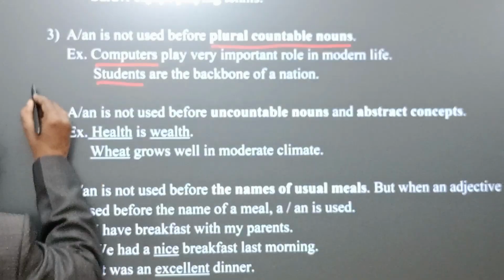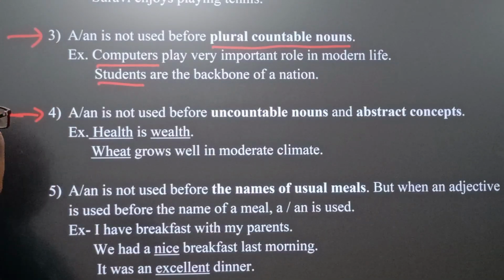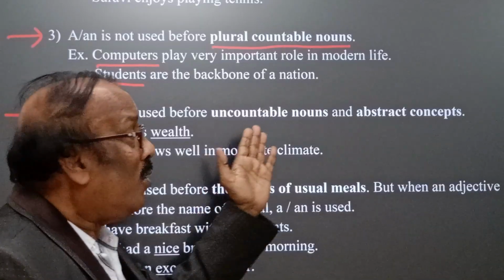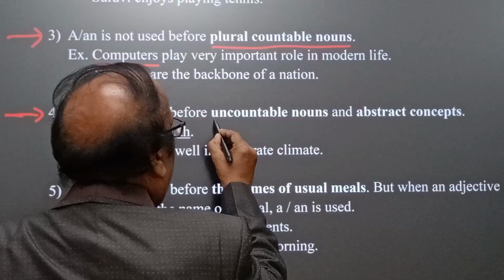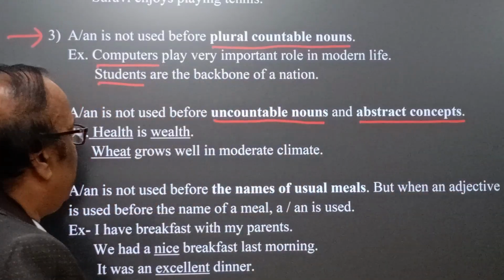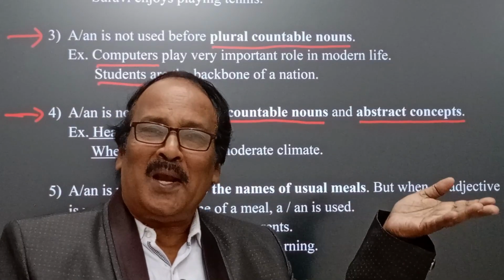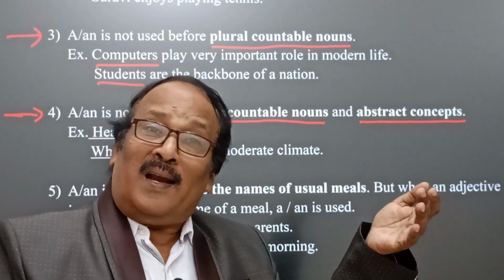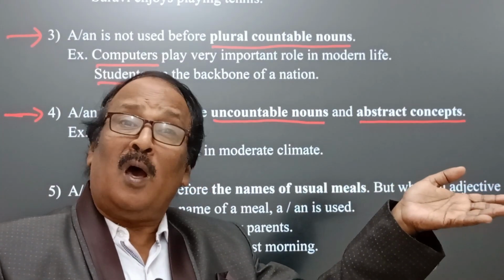Now see another idea in this connection, that is, a or an is not used before uncountable nouns and abstract concepts. You see here, uncountable nouns and abstract concepts. What do you mean by uncountable nouns? The nouns which cannot be counted, that is what we call uncountable nouns.